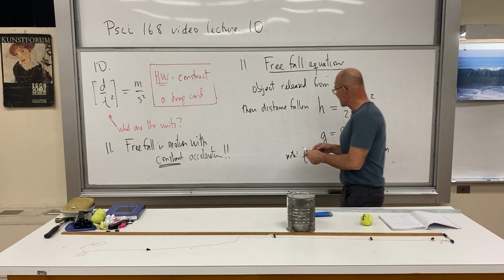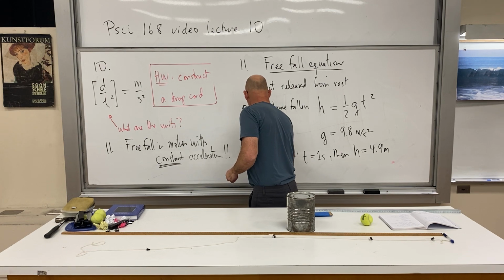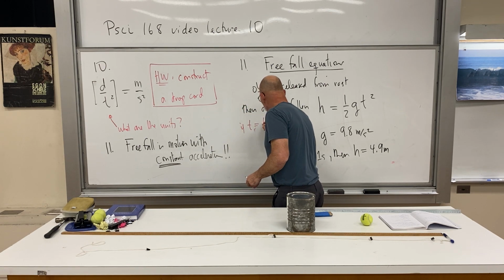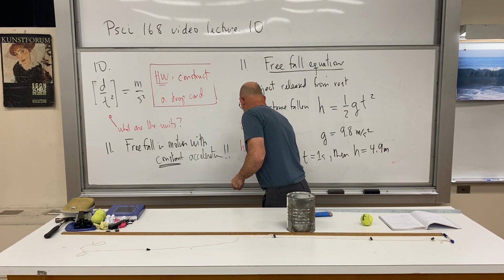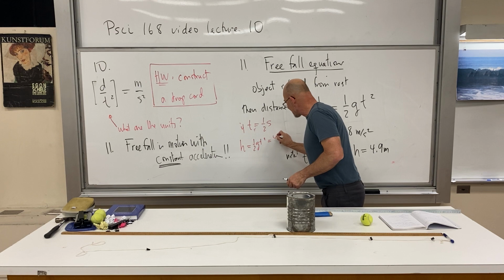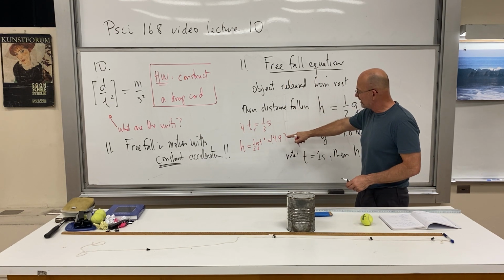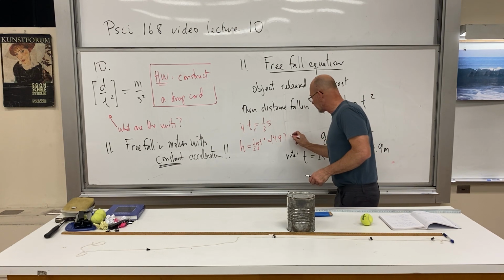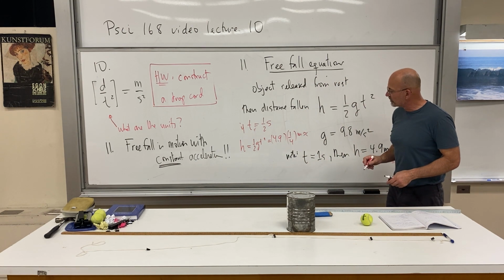Let's do one more little example. If t equals 1/2 of a second, 0.5 seconds, h will be 1/2 g t squared. The half g is 4.9. The 1/2 squared is 1/4. But what's 4.9 over 4?